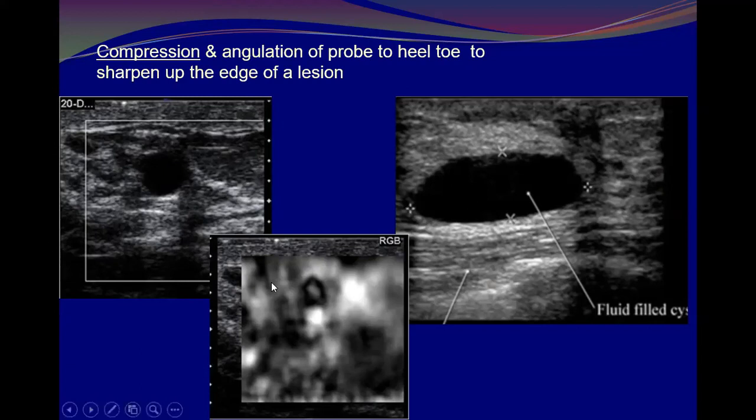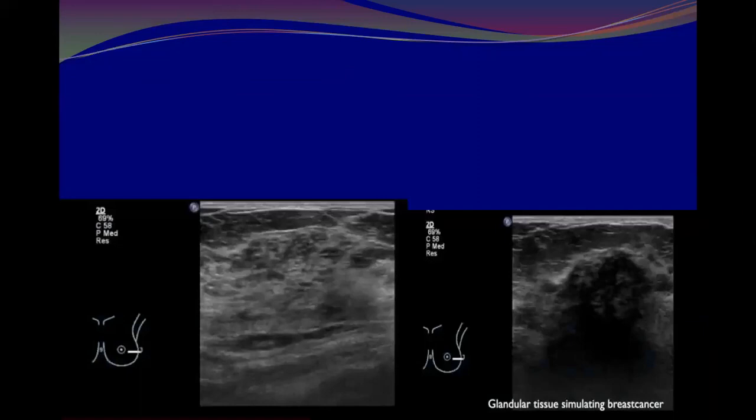And here, this is a typical appearance of a cyst. It is smaller, even, compared to the grayscale image. Excellent, well done. What is the difference between these two images?